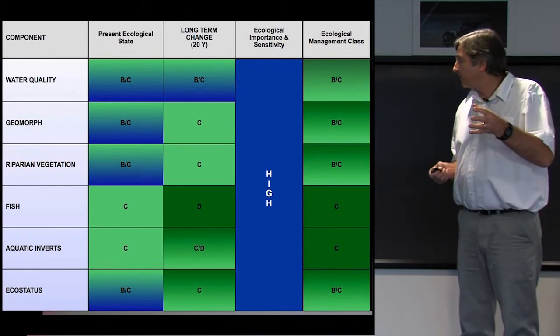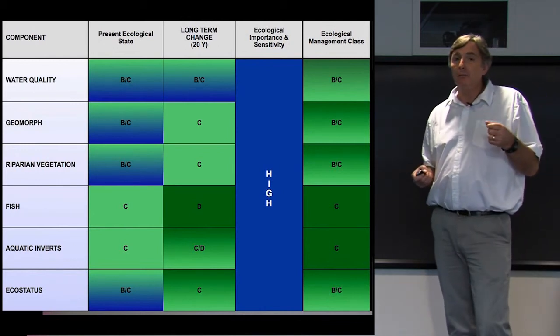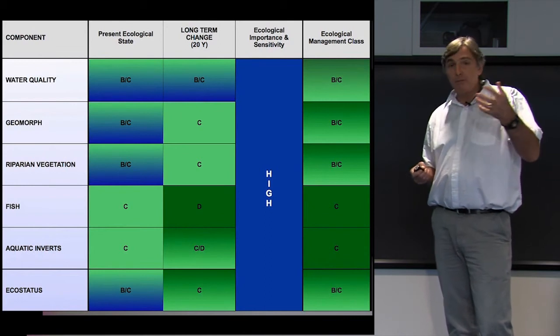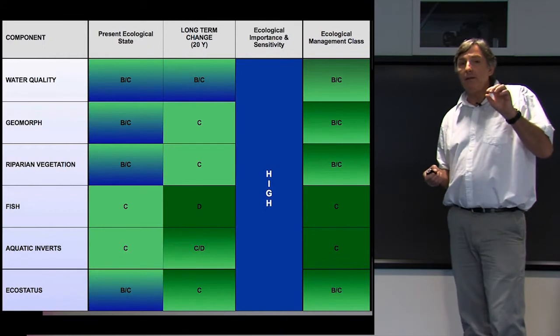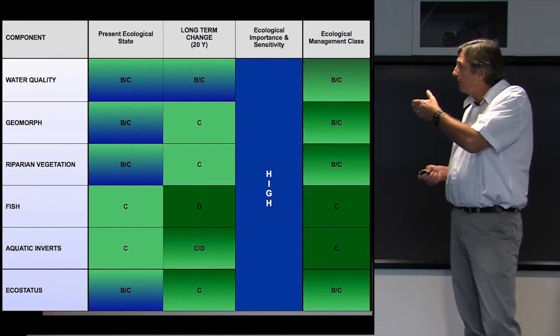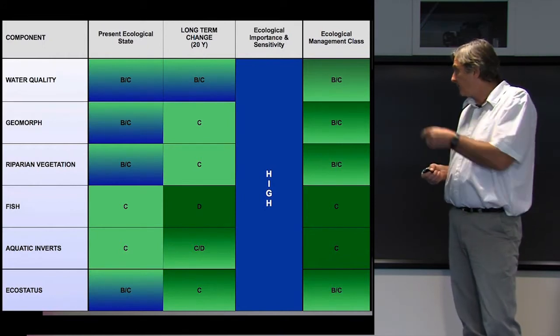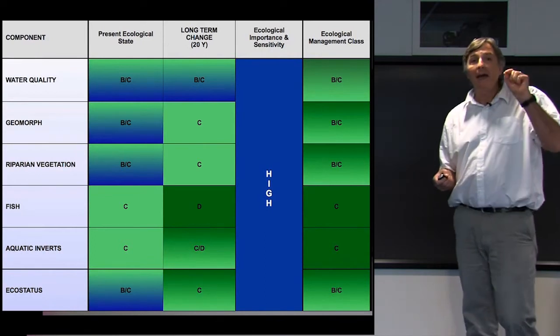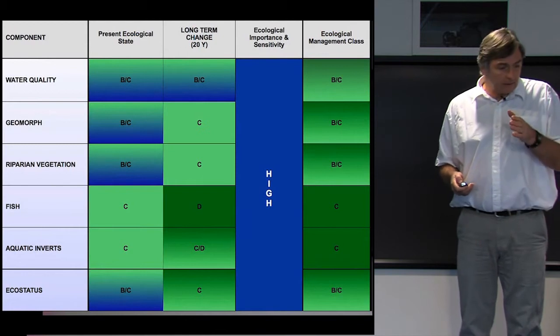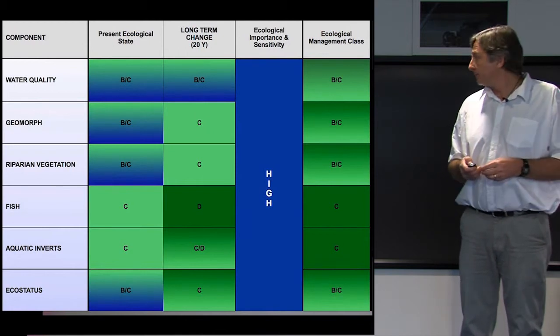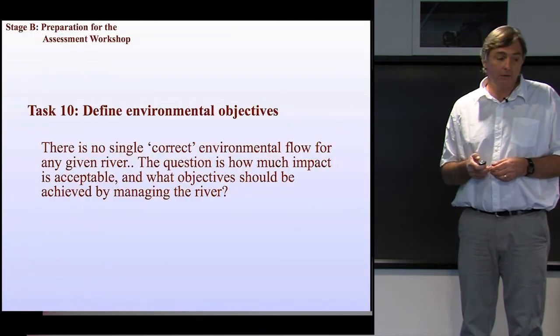So the present ecological state is felt to be sufficiently good to meet the stakeholder objectives, but in order to meet those objectives, one would have to bear in mind that there are negative changes in the long term going to go on unless there's an improved management process. So that's a summary of those aspects of the assessment.